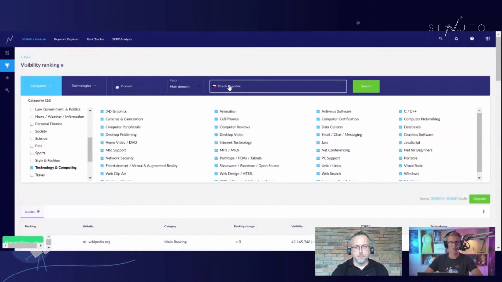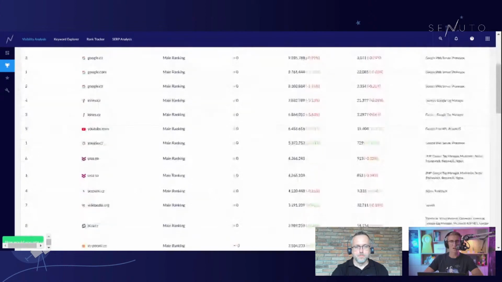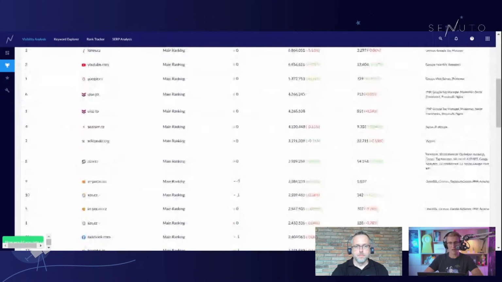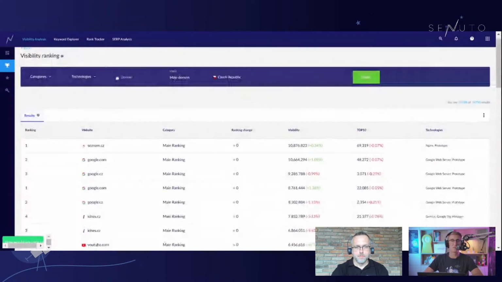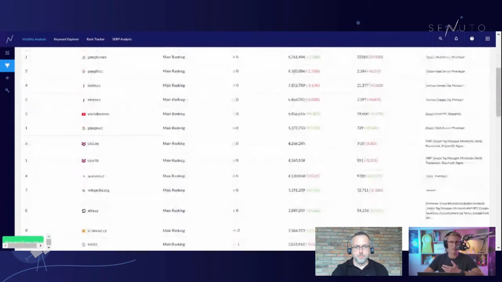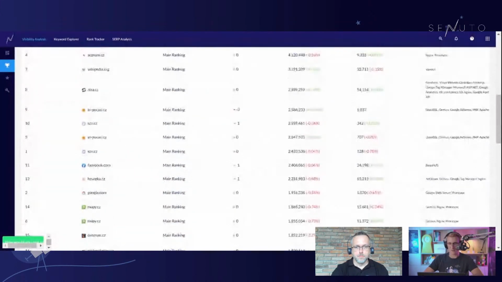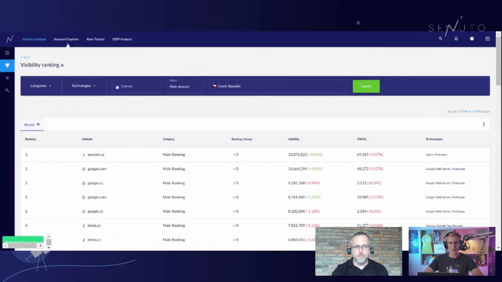Here we've got Czech Republic also, and when we search for this, we see where we are regarding our competition, what the position is, and of course what kind of visibility there is regarding this ranking, and how to use this regarding our business. For sure, I can talk about this for a long time.